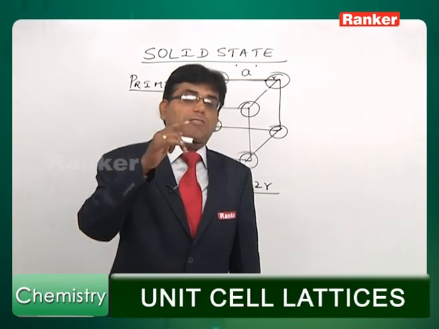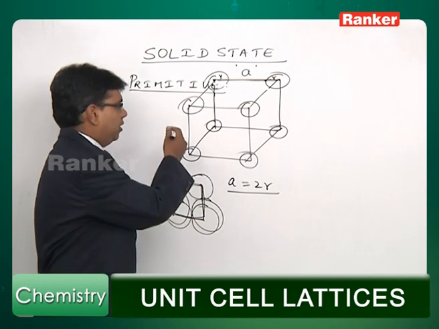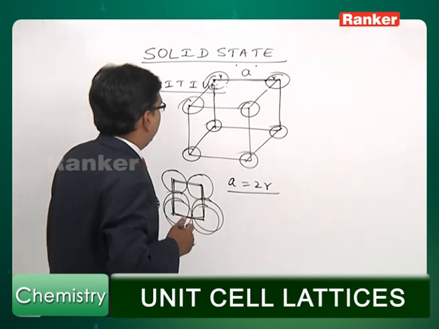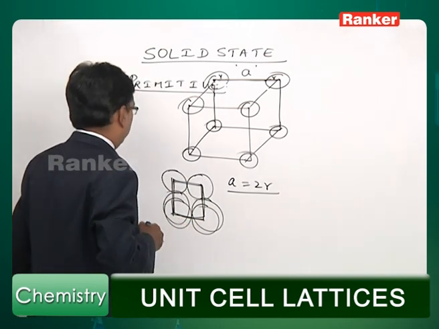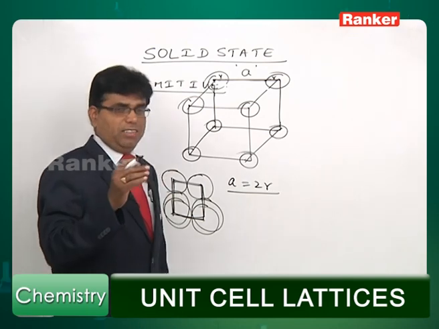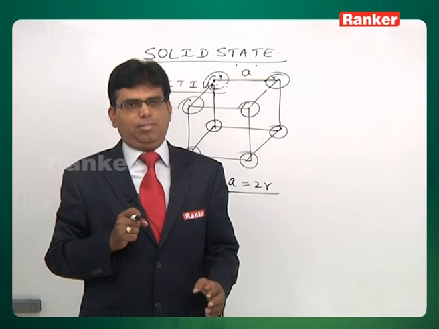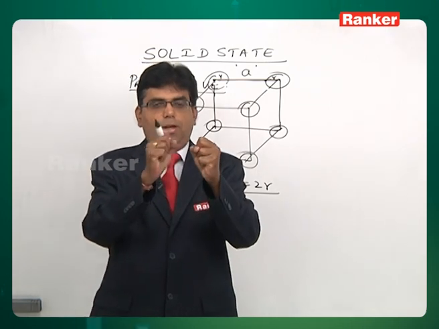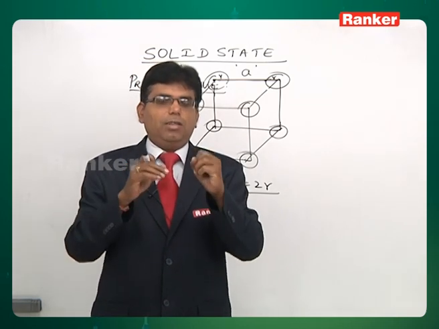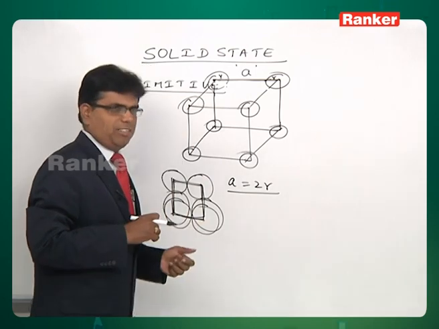Then, in the case of body centered unit cell, that we will see now. In the case of body centered unit cell, what will happen is the 2 atoms along the edge are not in contact. How that happens, we will see next.